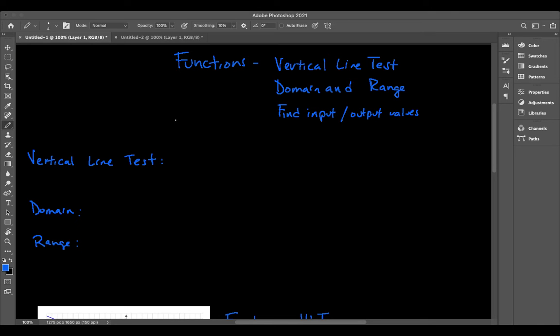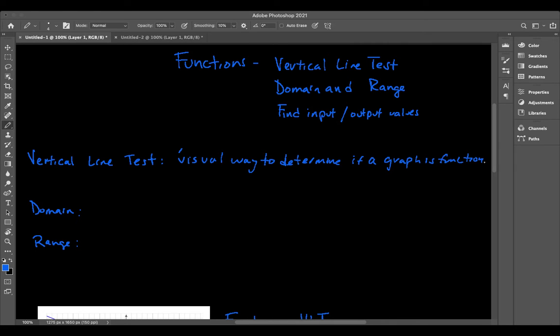Basically, that is a visual way to determine if a graph is a function.